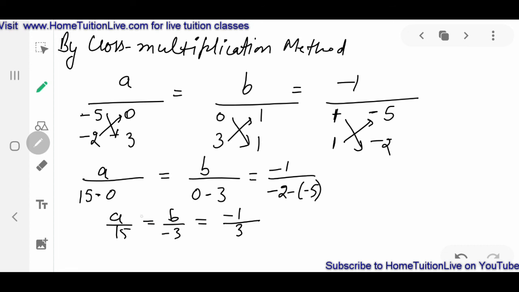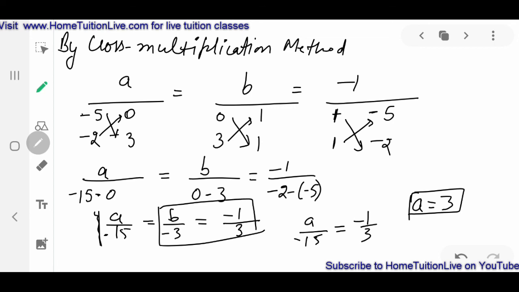Now a by 15 is equal to minus 1 by 3, so a is equal to minus 15 by 3, so a is equal to 5. And for b we compare these two terms, b equals 1.